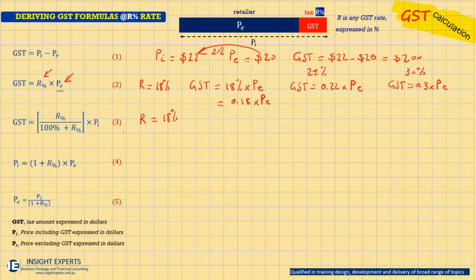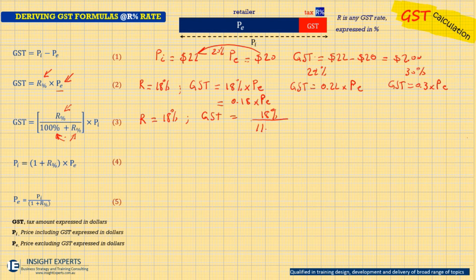What formula number three dictates is that you simply put the rate on the top and also at the bottom, but at the bottom you just add 100% to it and then multiply the whole lot by PI. So if the GST rate is 18%, my GST amount is equal to the rate itself, which is 18%, over the rate itself at the bottom, but you add 100% to it.